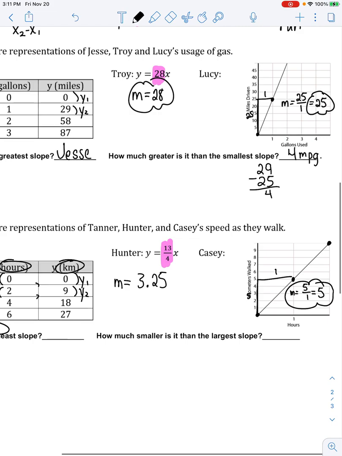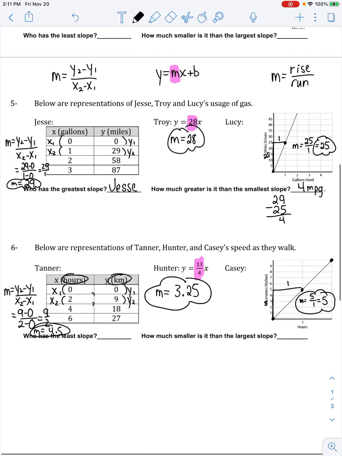So now let's use that information to answer our question. So who has the least? Remember, least means the smallest. Well, Tanner has 4.5, Hunter has 3.25, and Casey has 5. So it looks like Hunter has the smallest. And then it says how much smaller is that than the largest slope?